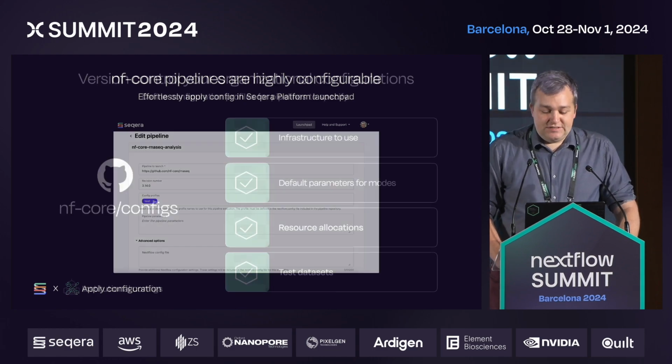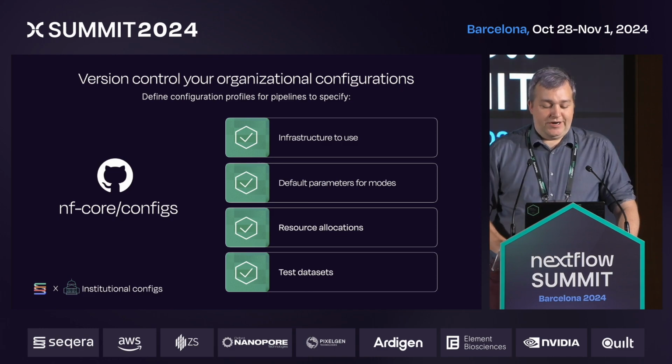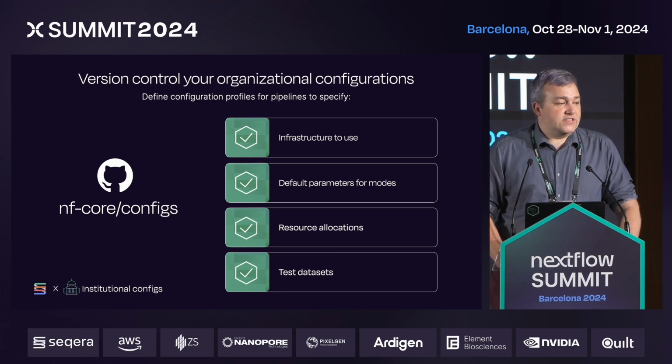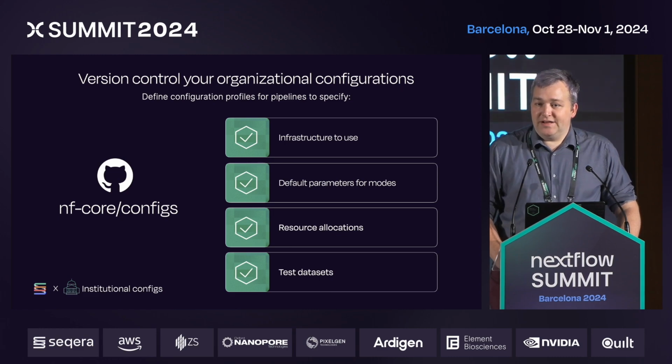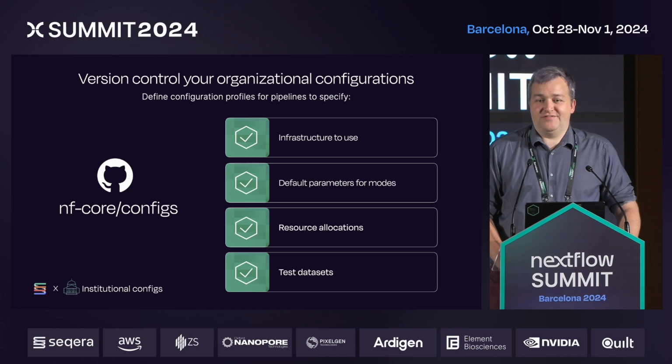Another way to do this, if you want to version control this configuration, is perhaps to set up an institutional configuration. This can be done using the same patterns as NF Core configs, where lots of educational, institutional, and biopharma companies have set up either configurations for how to run their pipelines or links to the private sources where they want to store this configuration.